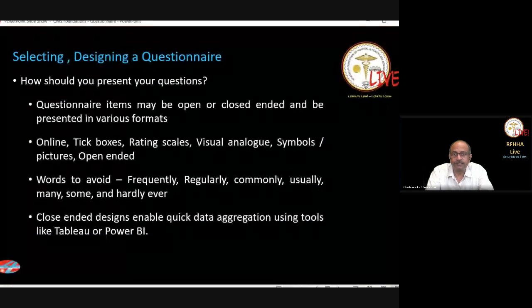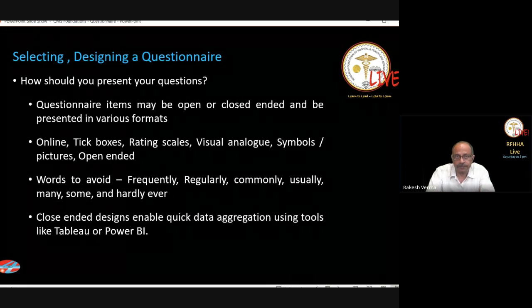This is a question that will never be understood correctly, because frequent for one person can be every day, for another person can be once in 3 days, and for one person can be maybe 4 times a month. So we are not able to quantify. Instead of asking frequently, we should quantify it and say how many times in a day or a week or a month or a year.